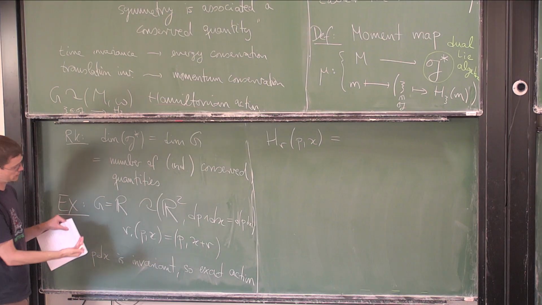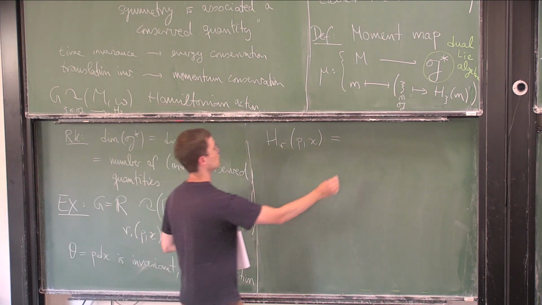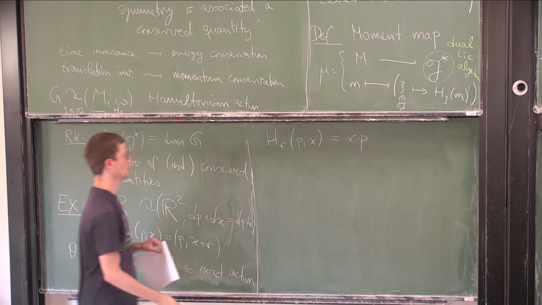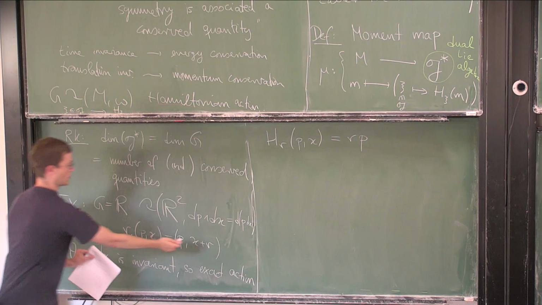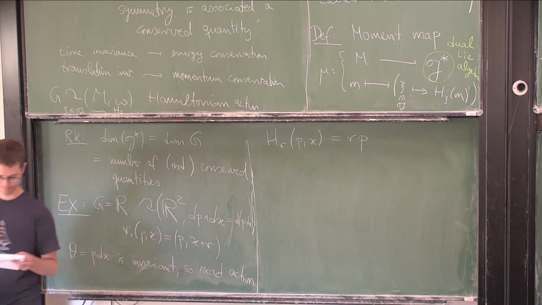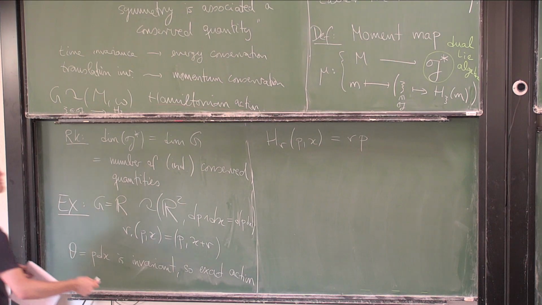when you shift in x, you should take a Hamiltonian which is p, and then in order to shift by r, not just by 1, you should scale it by r. Okay, so this is the Hamiltonian, and now let's try to write the moment map.